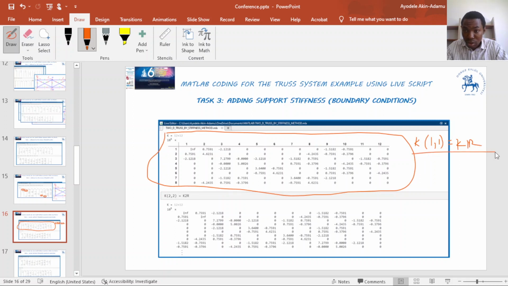As you run this line of code, you will see infinity is added to this position, which is what I want, a very large stiffness called infinity. So for 2,2 of the global stiffness matrix, I also added infinity. K2R is also defined as infinity. Once I run this code, you can see infinity is added at 2,2 of the global stiffness matrix.